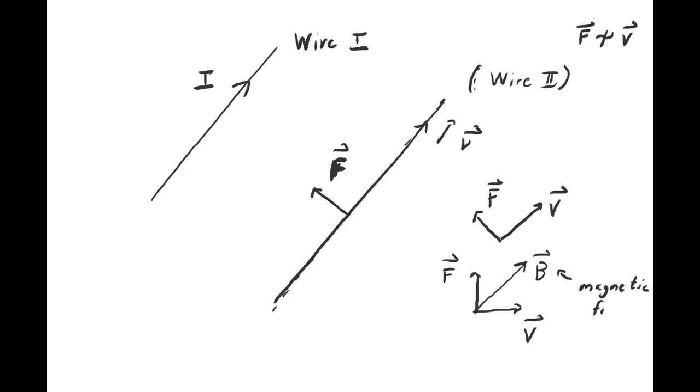Give it the symbol B. One of the reasons why we spend so much time doing vector analysis is that we're now in a position to realize that this force obeys a very simple relationship between V and B. Namely, the force is given by the cross product of V and B using our friend, the right-hand rule.